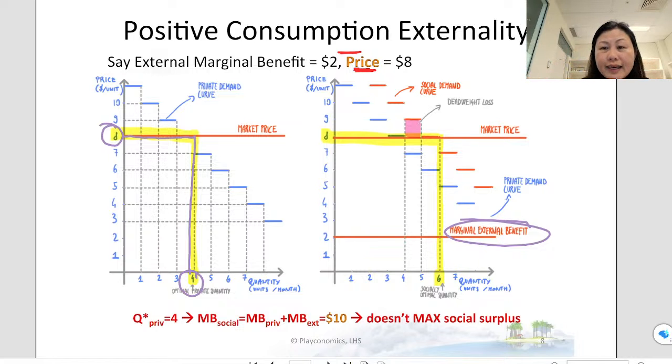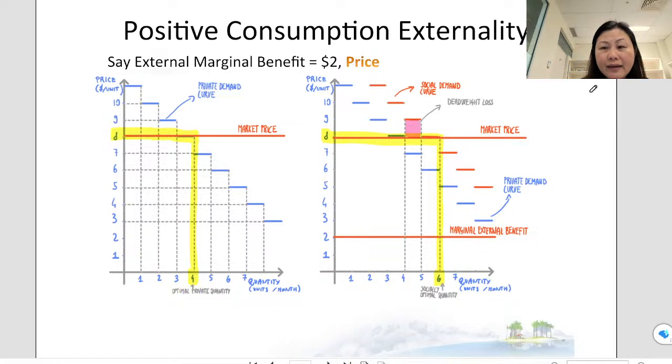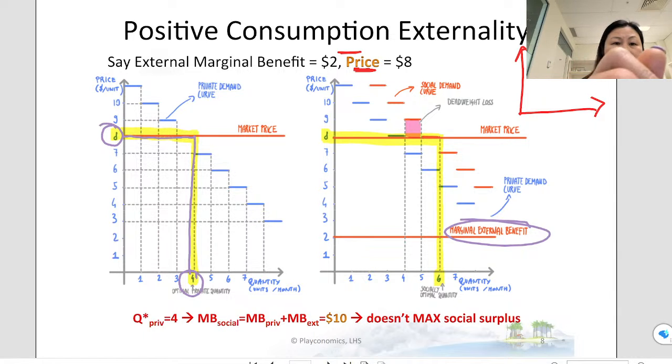So if we see a downward sloping demand curve, then basically this is a marginal external benefit, which is $2. And so we increase it by that amount. Social demand curve.